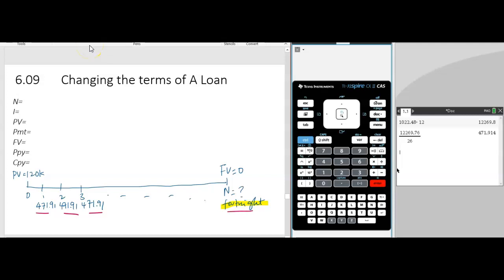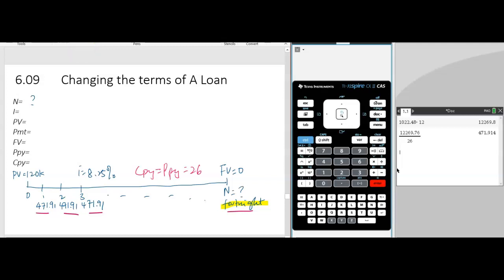Now the n is the value that you want to find here, and your I is as before, 8.25%, but now your CPY, I just put in red, CPY equals PPY is now changed to 26.